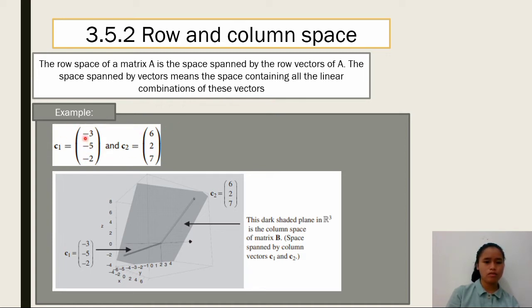Example, we have column 1 and column 2 from the matrix M. The plane in R3 is the column space of matrix B, the space spanned by column vectors C1 and C2.